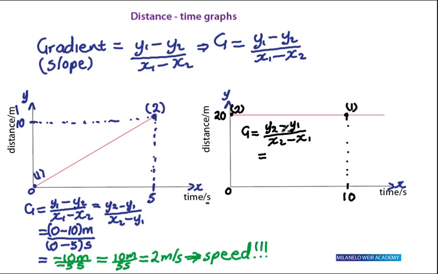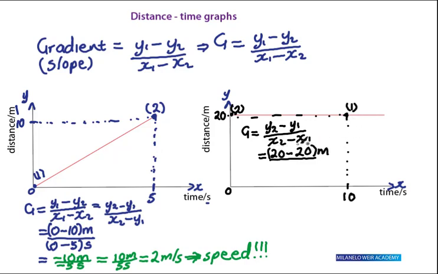Therefore, the value of y at point 2 is 20. This is 20 minus y1, the value of y at point 1. At point 1, the value of y is still 20. No change at all. Divided by x2 minus x1. This is in meters.